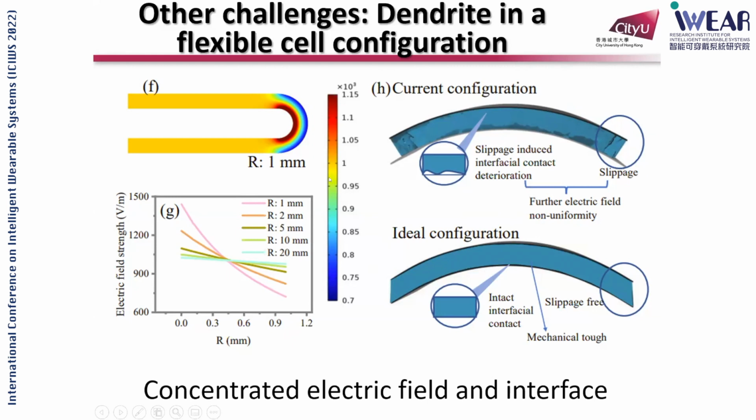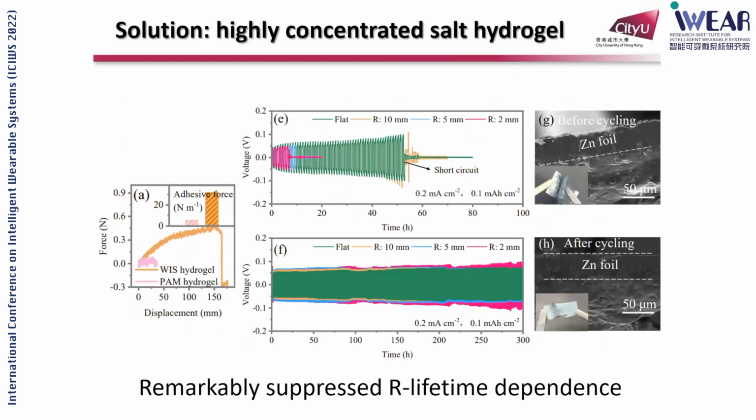If you have deformation, you have this enhanced electric field. But this one we can control. If we want to prevent the dendrite growth, what we can do is use a very strong electrolyte, mechanically, to block the growth of the dendrites. So we designed this kind of highly concentrated salt hydrogel.